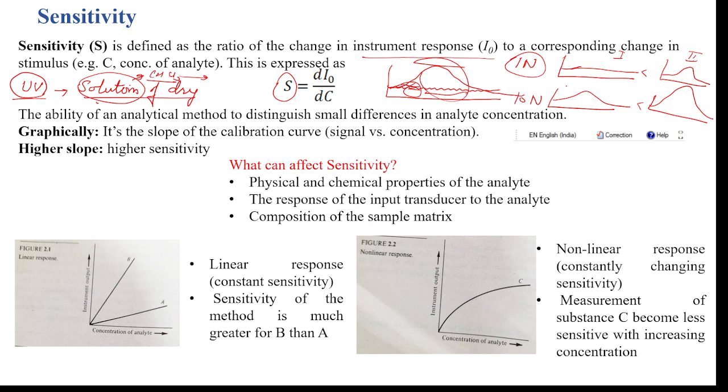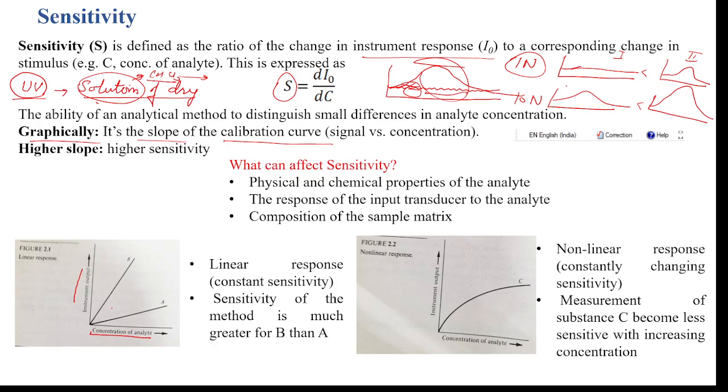So graphically the sensitivity is just the slope of the calibration curve. What is a calibration curve? Here you can take the concentration of the analyte, and here you can take the instrument output, and here the slope part is known as the sensitivity.